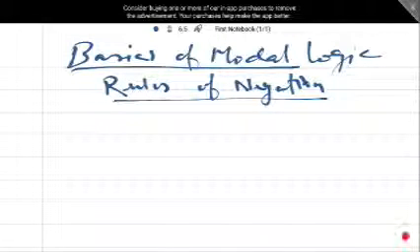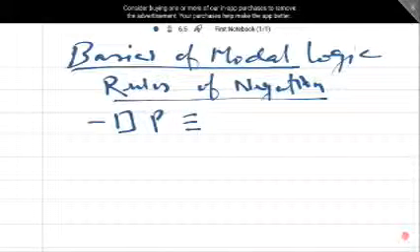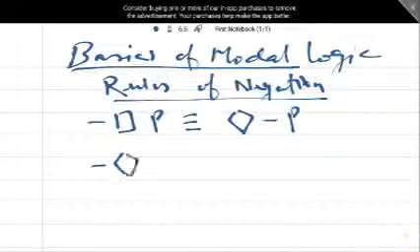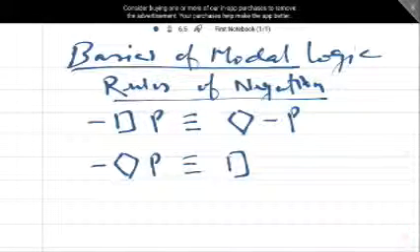Then we have two basic rules of negation that are used throughout all the systems. These rules: not square p is equivalent to diamond not p, and not diamond p is equivalent to square not p.